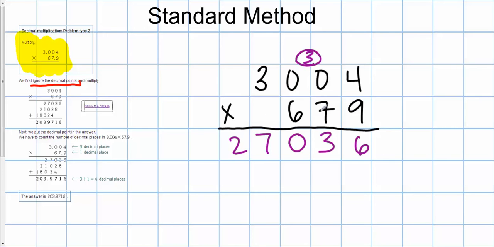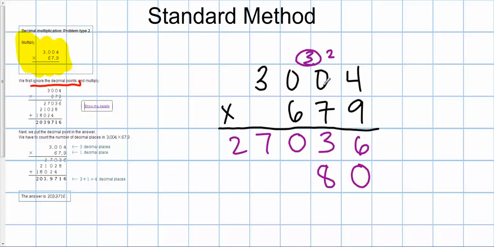Now I'm going to multiply the 7 by everything on the top row. Remember, the very first thing we have to do is add in our placeholder, because we're not multiplying by the 9 anymore, so I've got to put a 0 there. Now I'm going to multiply 7 times 4. 7 times 4 is 28, so I put an 8 here, and I'm going to have to carry my 2.